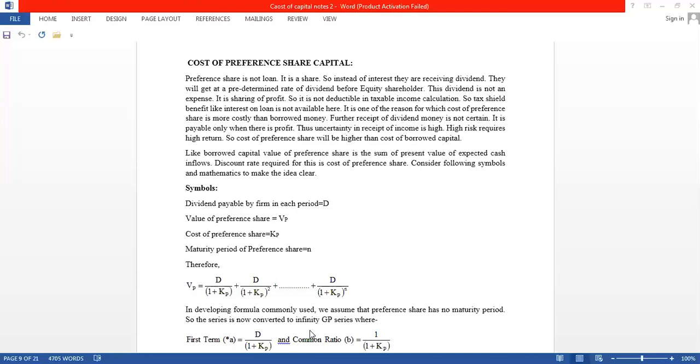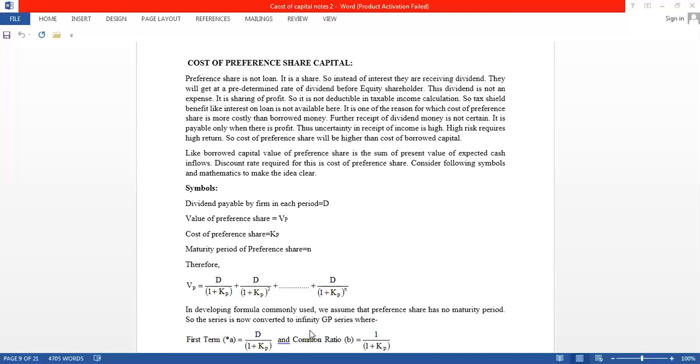Now, it is more risky in comparison with debt capital because here the dividend is payable only when the profit is earned. Also, it is payable only if sufficient liquidity is there, and at the same time, we have to see whether the fund is internally required for investment or not.